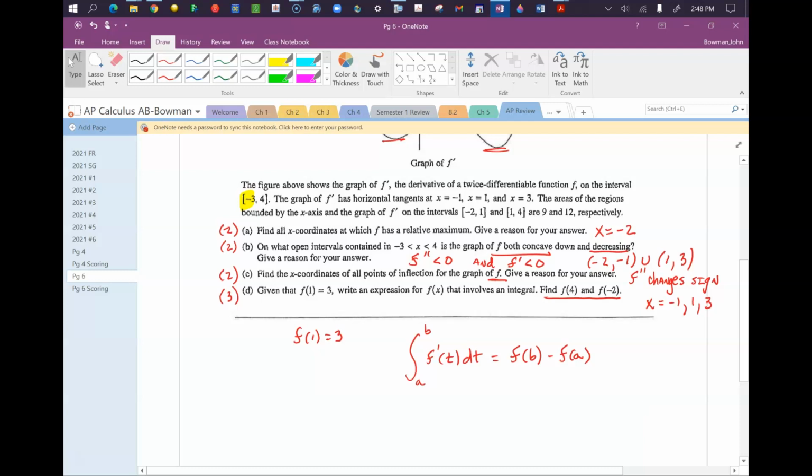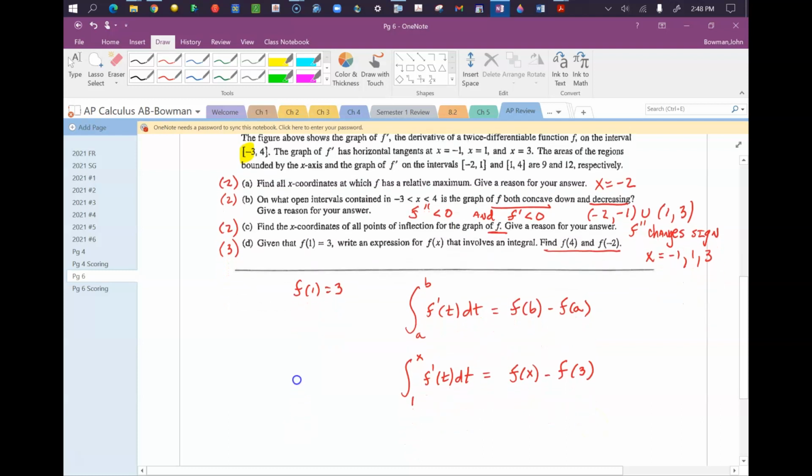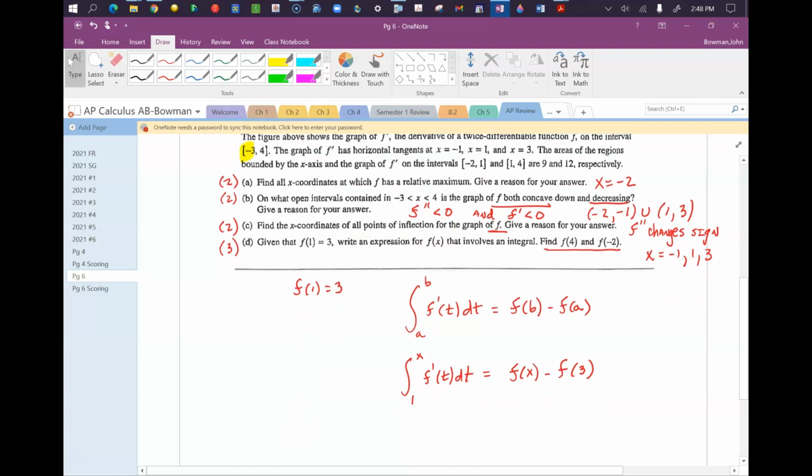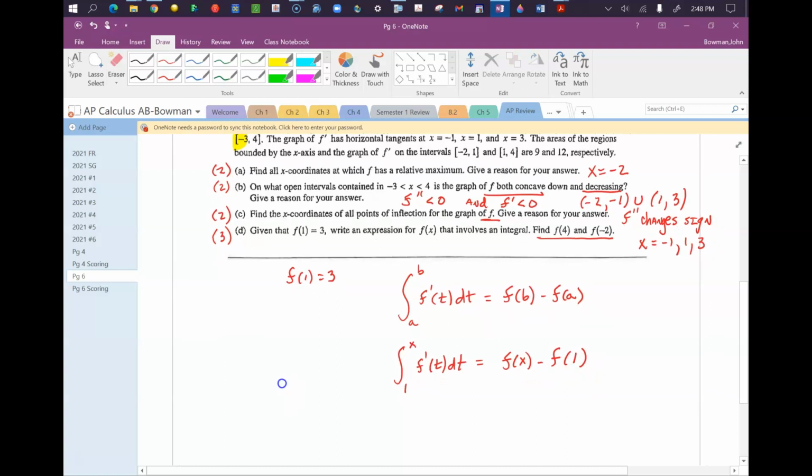Well, if we were to replace the upper limit with x and the lower limit with 1, we would have f of x minus f of 1, and we were told that f of 1 is equal to 3.